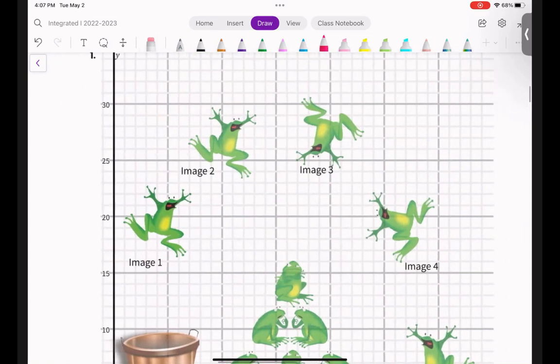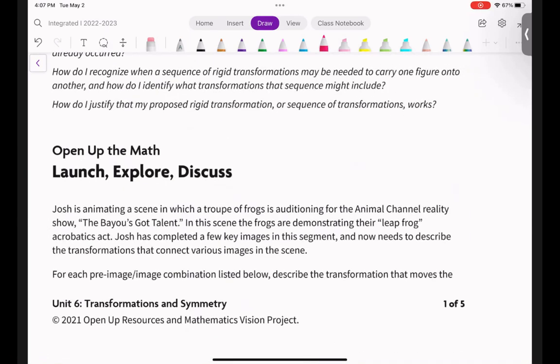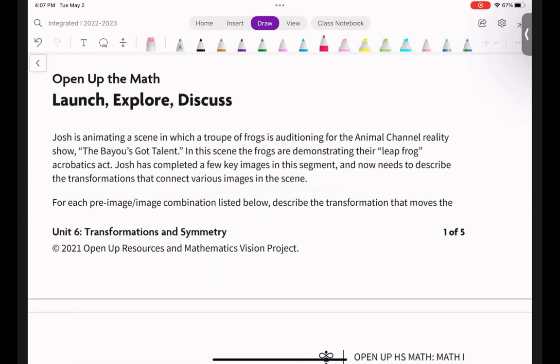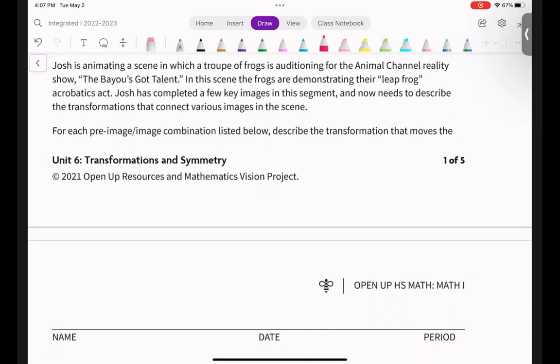Okay, so I'm going to read you the context. It says, Josh is animating a scene in which a troop of frogs is auditioning for an Animal Channel reality show, The Bayou's Got Talent. In this scene, the frogs are demonstrating their leapfrog acrobatics act. Josh has completed a few key images in this segment and now needs to describe the transformations that connect various images in the scenes.